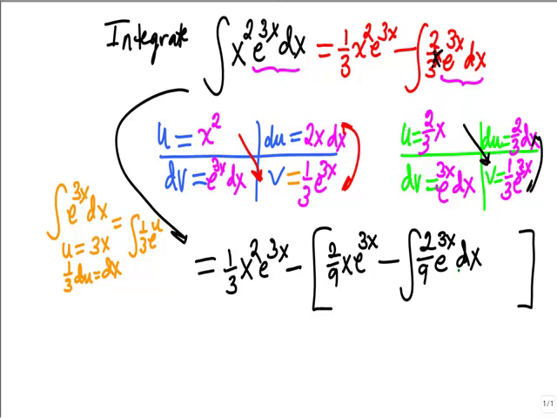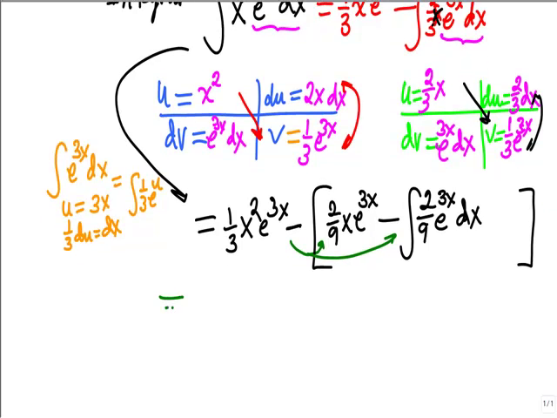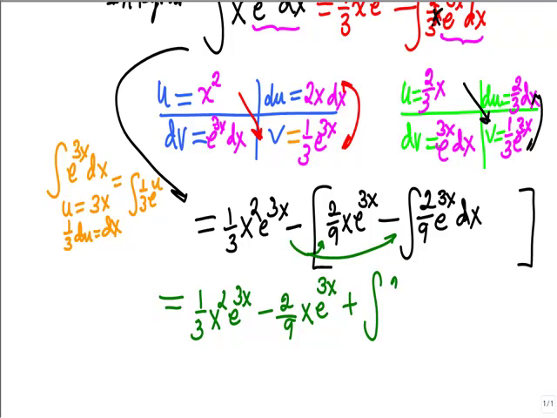Okay, so now we're going to distribute this through, and so working this, we get that this integral is 1/3 x squared e to the 3x minus, we distribute that through, minus 2/9 x e to the 3x plus the integral of 2/9 e to the 3x dx.